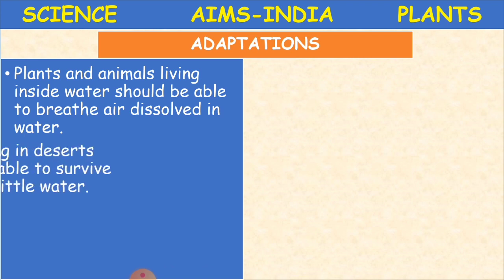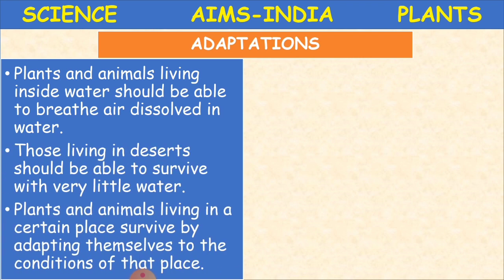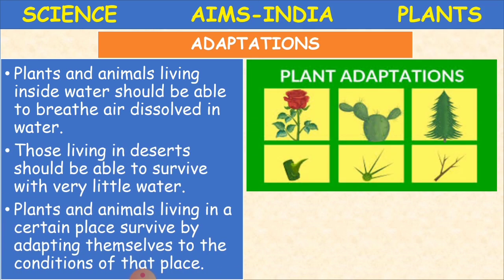Adaptations. Here we are talking about adaptations. So first of all, what is adaptation? Adapt in the sense making ourselves comfortable, adjusting to something, so that you are able to live.